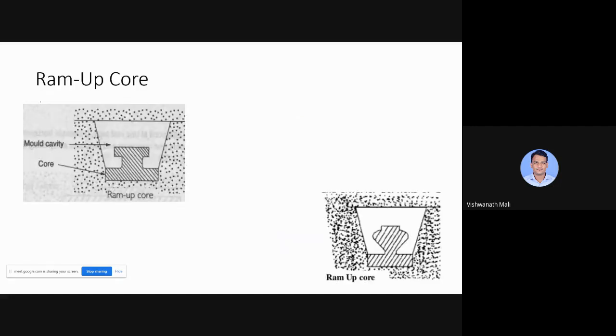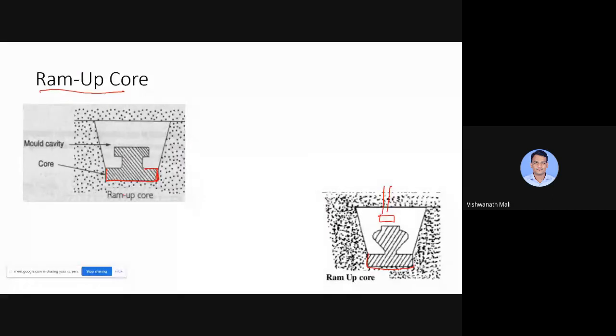Now next is ram up core. So what does ram up core mean? It is entirely supported, located at the bottom of your mold, and to get it fit, we are ramming it with the help of a rammer or some press machine. We are ramming it, and it is placed at the bottom of our mold.